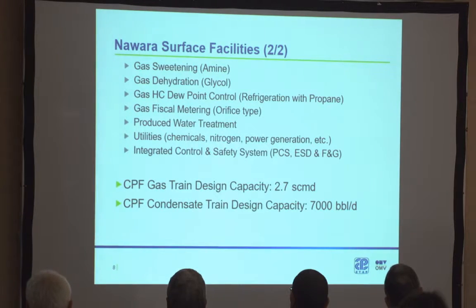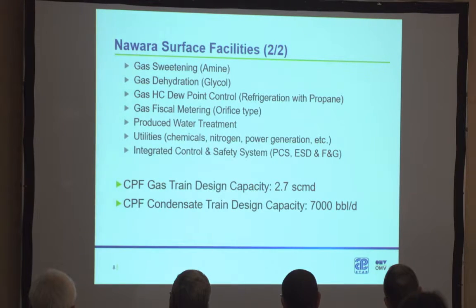We have hydrocarbon dew point control unit. So this is to remove the liquid fraction from the gas. So we use the refrigeration cycle technology. We have propane refrigeration package, compressors, in order to meet this hydrocarbon dew point specification.